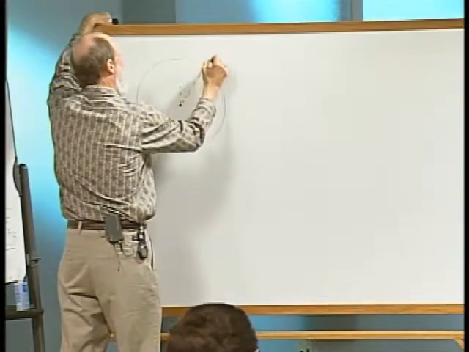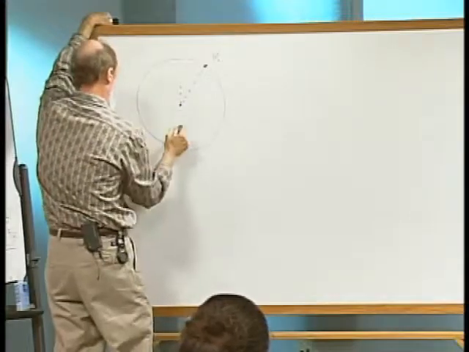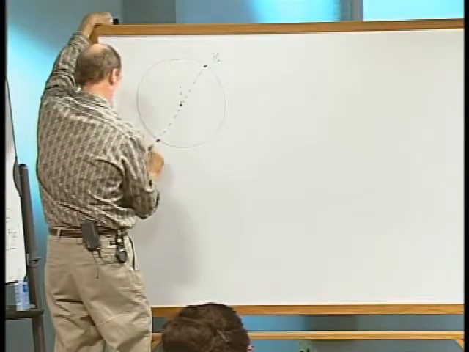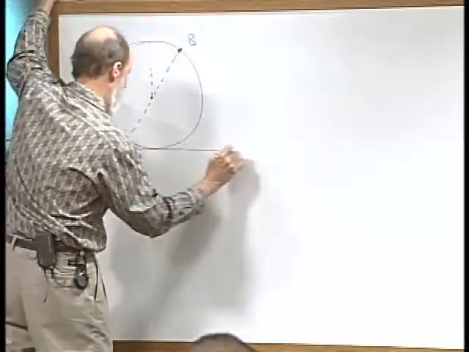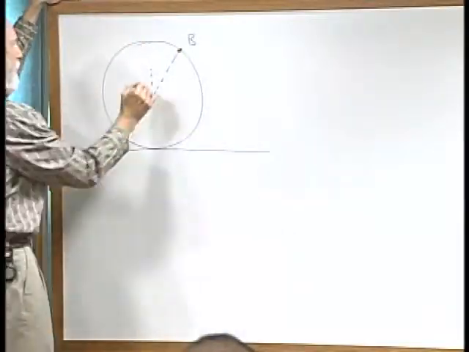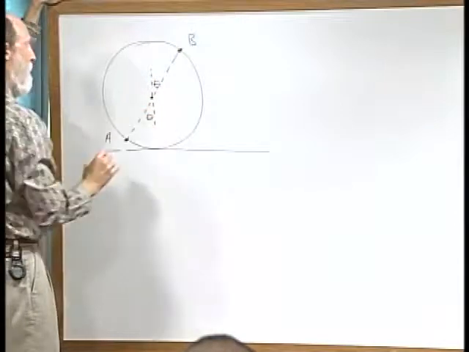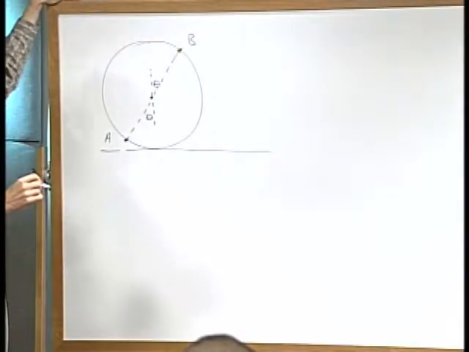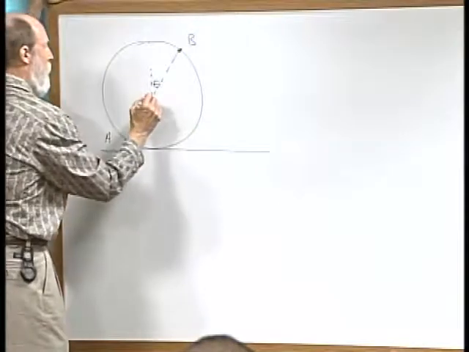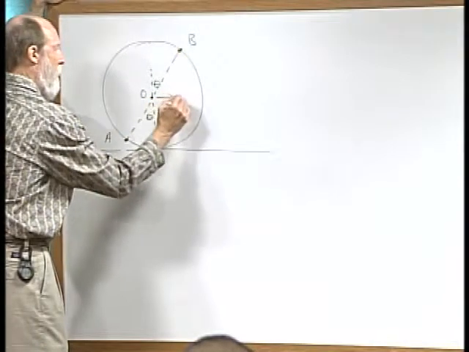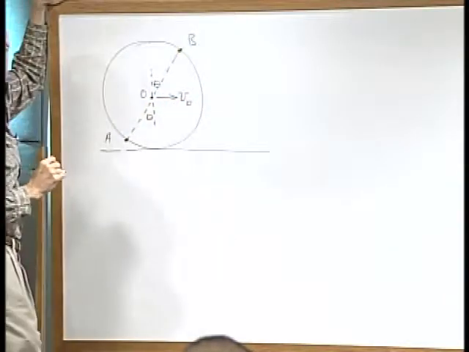So point B was up here, and point A is down over here. And this is on a rolling, non-slipping rolling surface where this is angle theta. This is the center of the wheel, and it's moving to the right with some velocity of the center of the wheel.